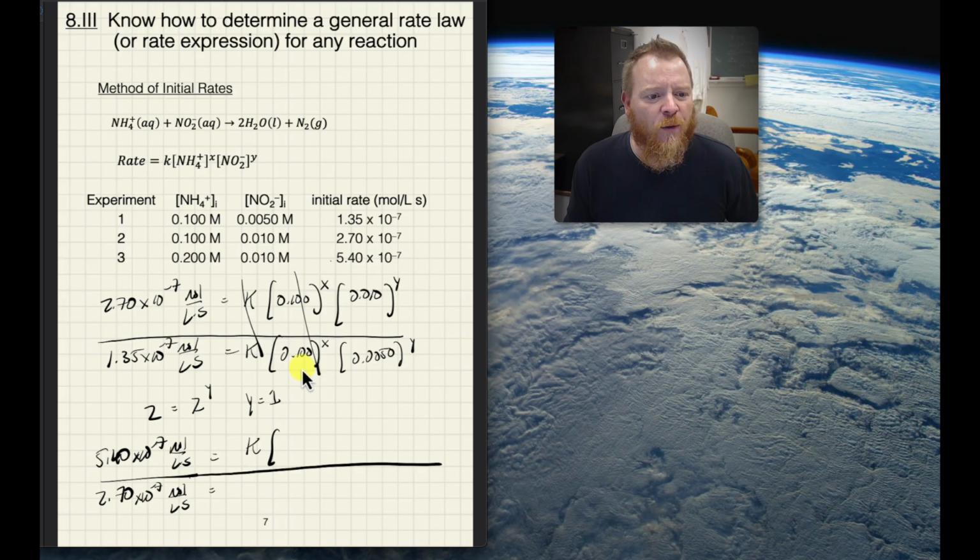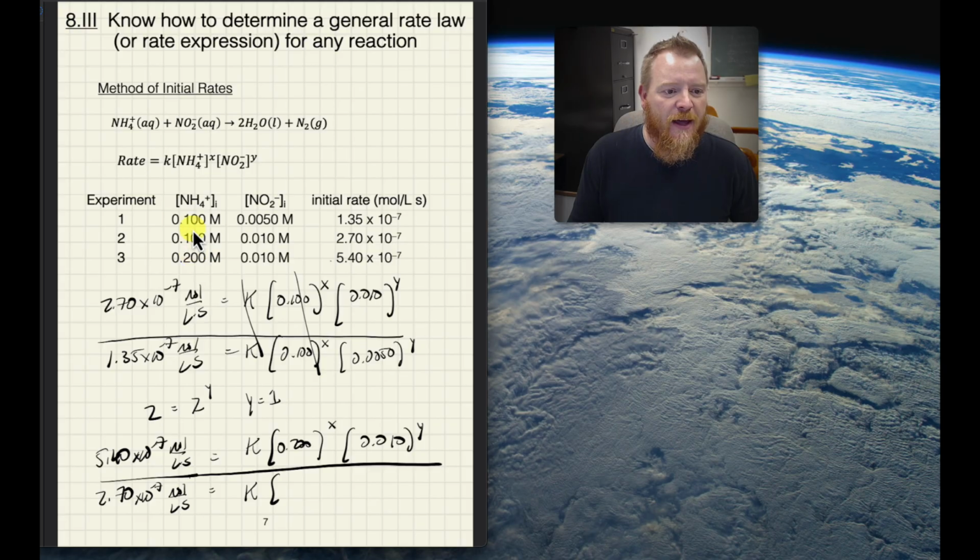And so now the ammonium, I kept saying ammonia, but you can light me up in the comments. It's ammonium, 0.2 raised to the X power, and that's 0.010 raised to the Y power. And then now on the bottom, that's K. And then now we're grabbing the data from experiment 2. So that's 0.100 raised to the X power.